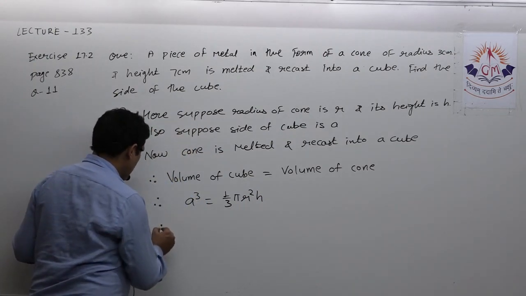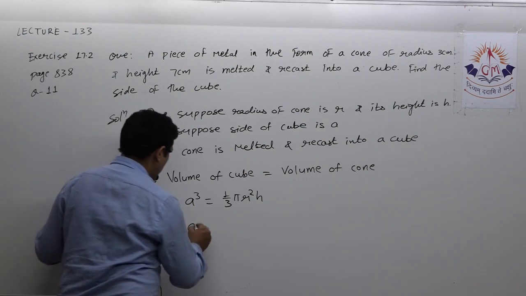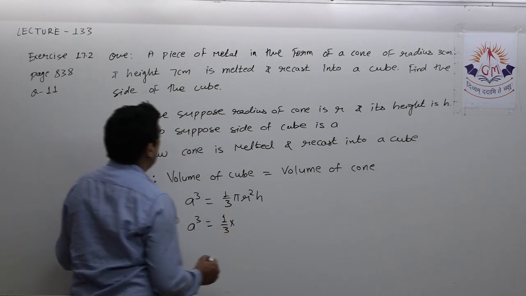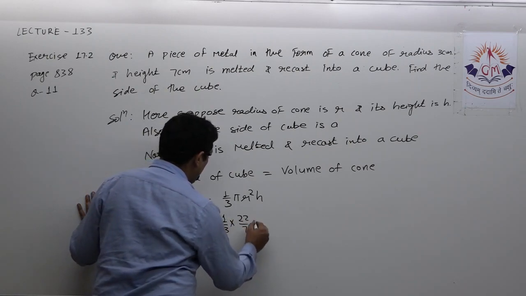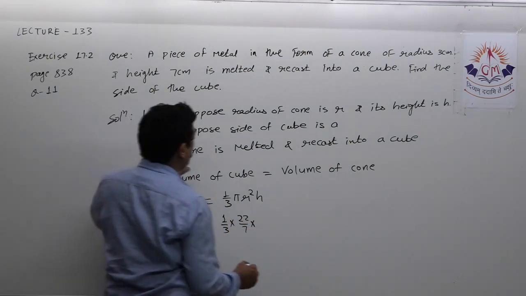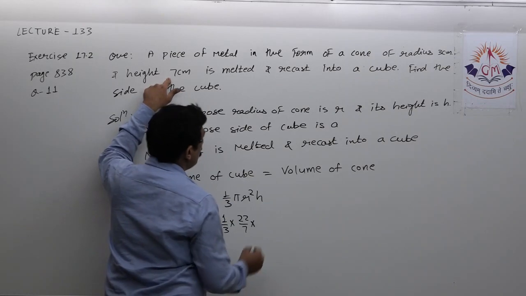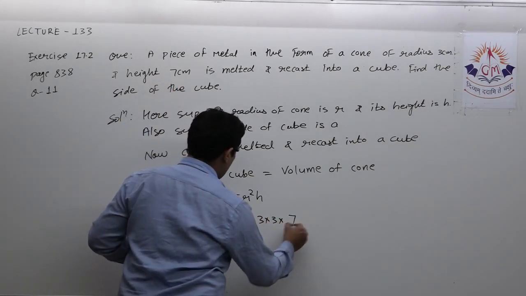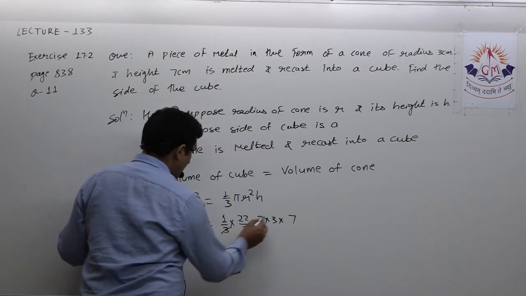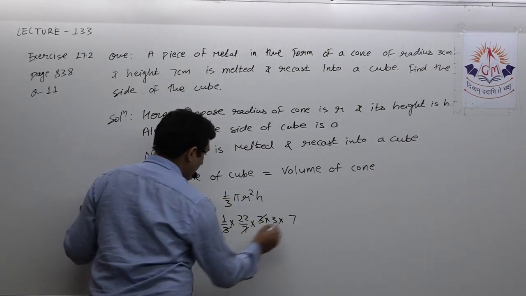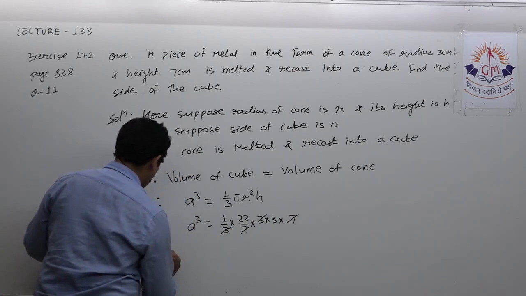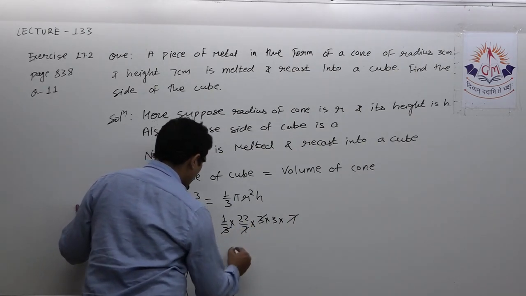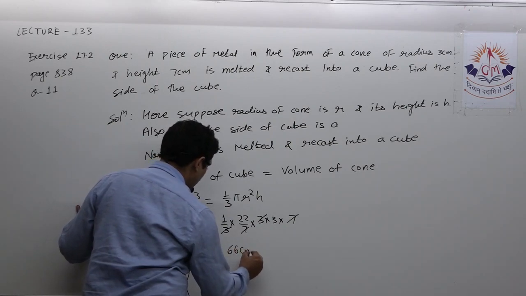So we have to find a. So a cube is equal to 1 by 3 pi, 22 upon 7. R is given 3, so 3 multiplied by 3, and height is 7. So this 3 and 3 I can cancel. This 7 and 7 we can cancel. So here I'll get a cube is equal to 22 into 3, that is 66 centimeter cube.